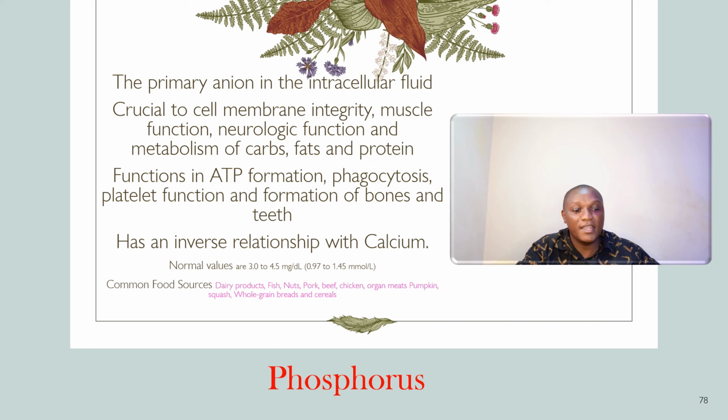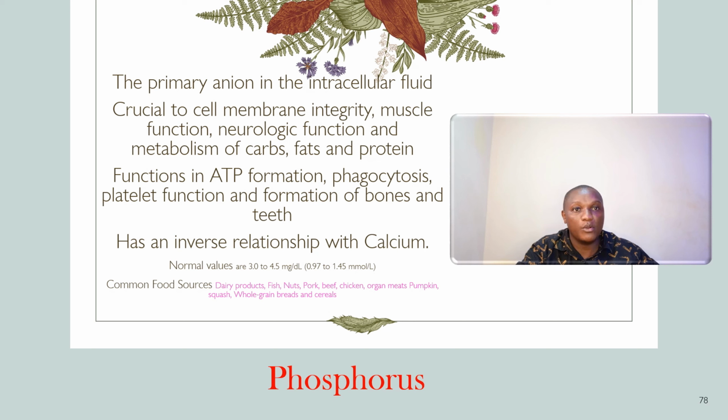It has an inverse relationship with calcium. What does this mean? It means when the calcium is high, phosphorus is low. When the phosphorus is low, the calcium is high. Inverse. The normal values for the phosphorus is 3.0 to 4.5 milligrams per deciliter, or 0.97 to 1.45 millimoles per liter.